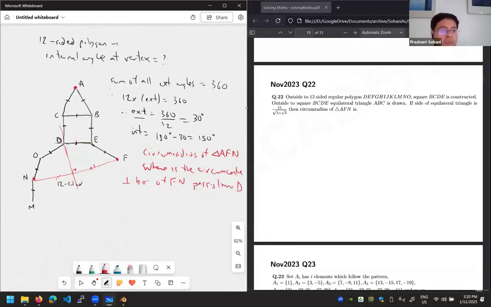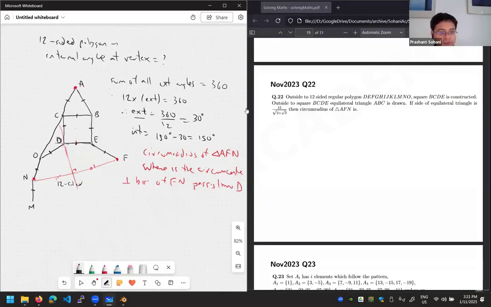Okay, so that was a hint that maybe point D itself can be the point where all the 3 perpendicular bisectors meet. And for that, if you just look at the diagram, you realize the second perpendicular bisector, for AN also. So if I join this segment CO, you'll see through the angles that this is a straight line.